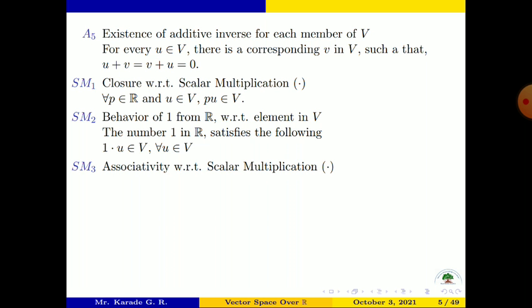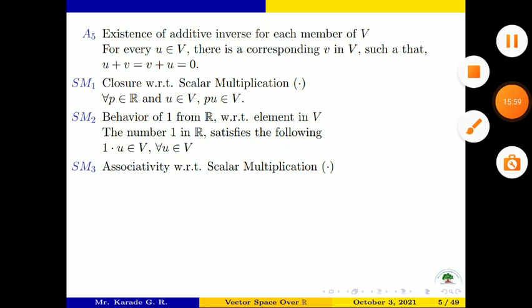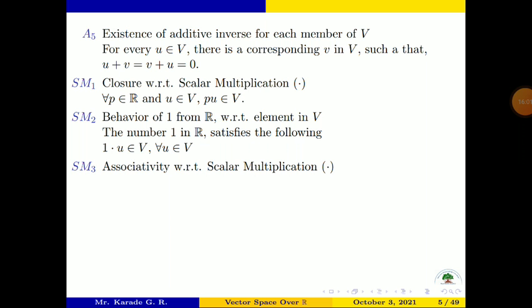Then the third condition is SM3, associativity with respect to scalar multiplication. This property says that for all p, q belongs to R and u belongs to V, we must have p into qu is equal to pq into u.